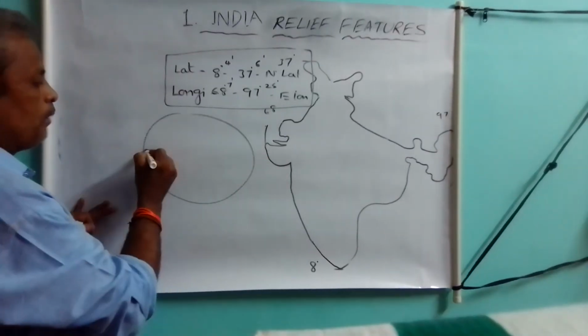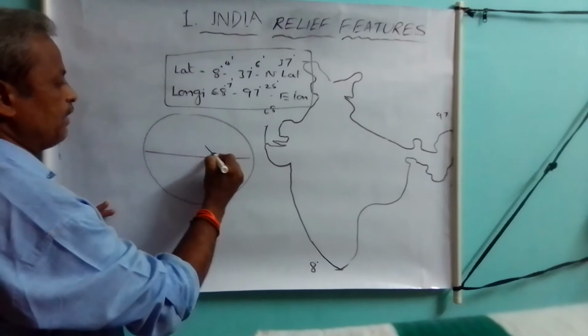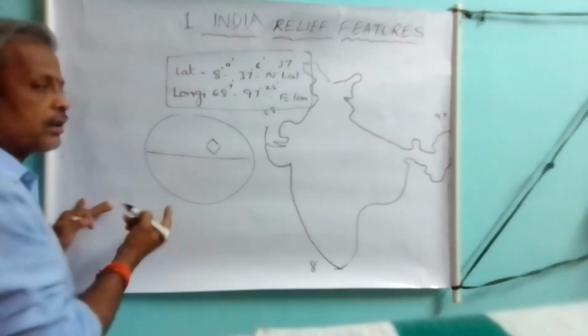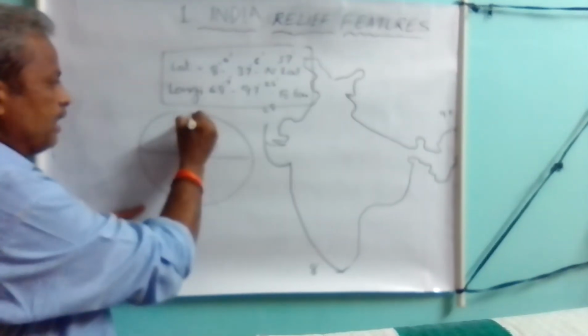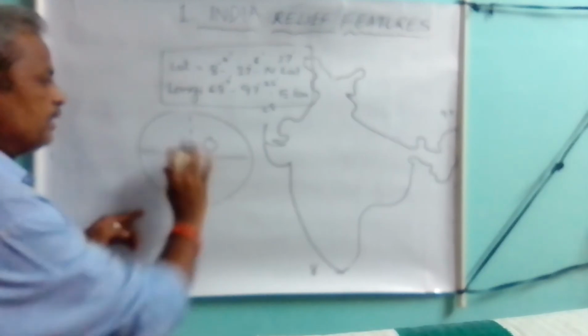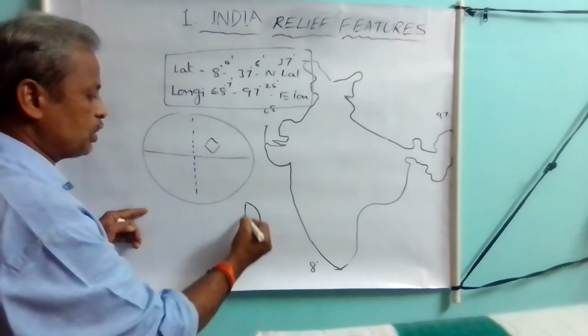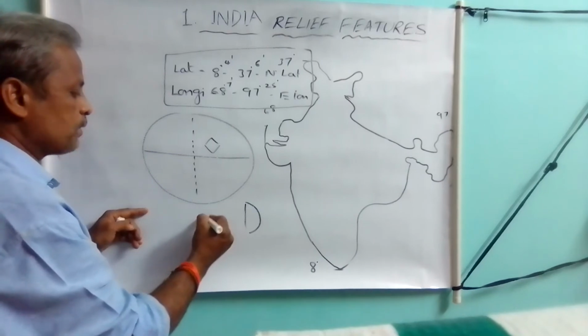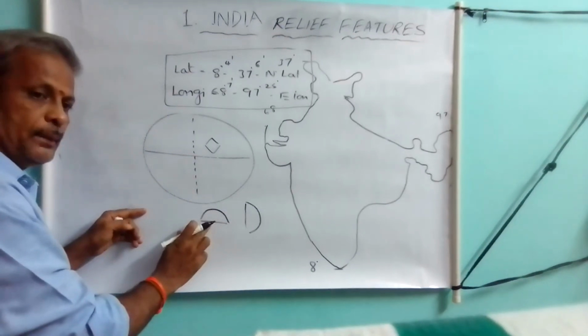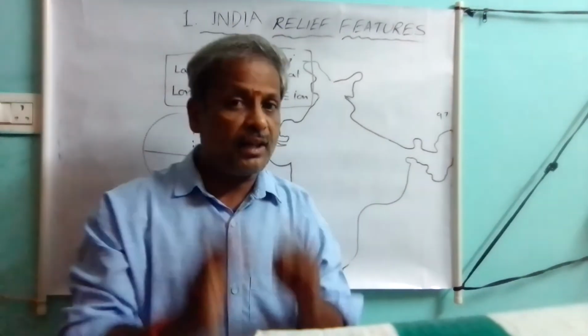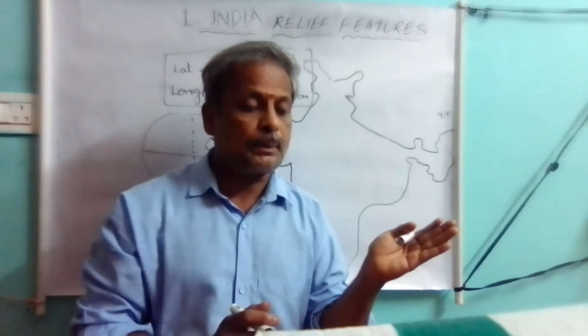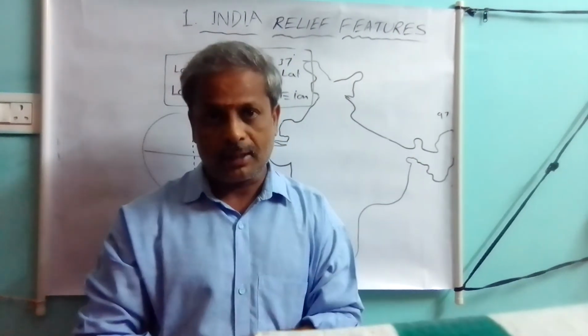On the globe, India is located in the northern hemisphere and in the eastern hemisphere. If we see the eastern half and the top half, India's location is in the northern hemisphere and eastern hemisphere.